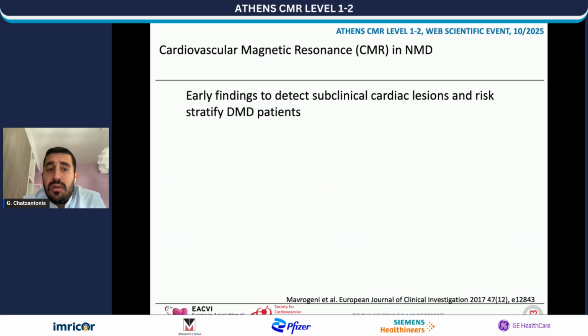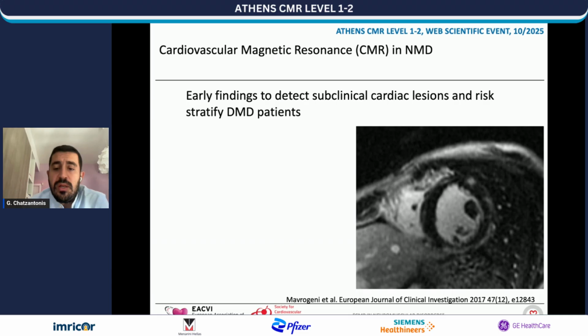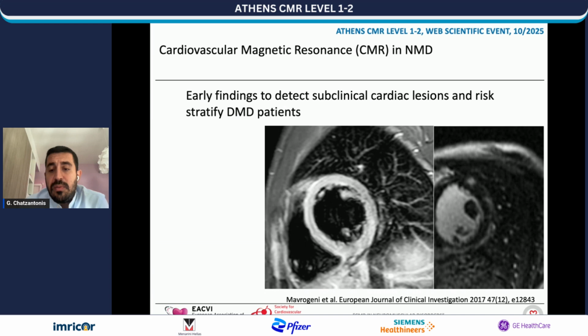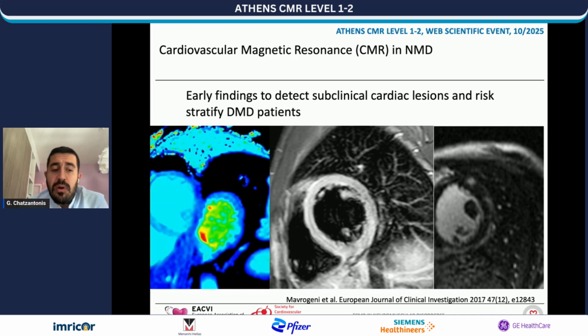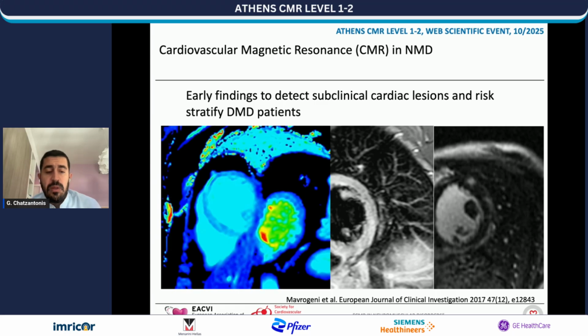So the CMR can have early findings to detect subclinical cardiac lesions and risk stratify patients with Duchenne. That is from Professor Mavrogeni. Late enhancement in the basal inferolateral wall, concomitant edema in the same area as also seen in mapping.